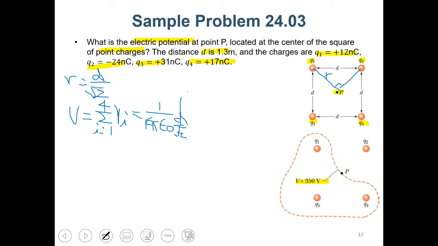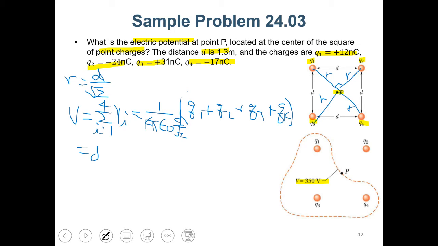I can just factor it out because all of them have the same R. So all the R's will be factored out, and we have nothing but Q1 plus Q2 plus Q3 plus Q4. So we just factor 1 over R, that is square root of 2 over d, out.